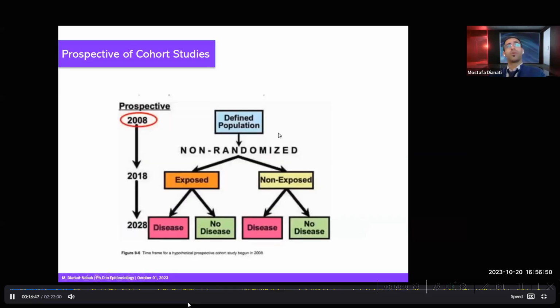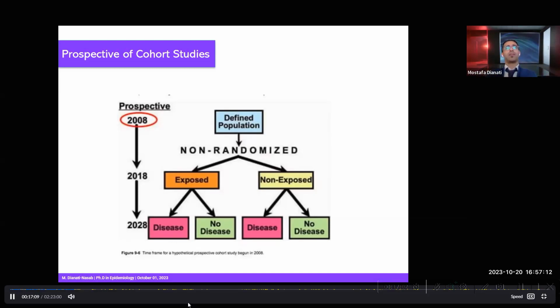I just wanted to show you here more clearly. Suppose you have a population, but this is the key point. This is the key point: non-randomized, because you cannot manipulate the exposure. So the population has already been assigned to two groups, exposed and non-exposed.